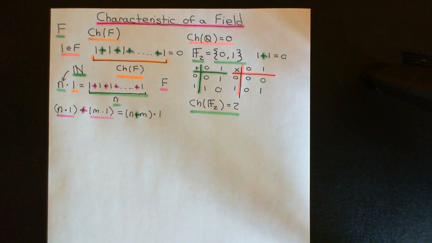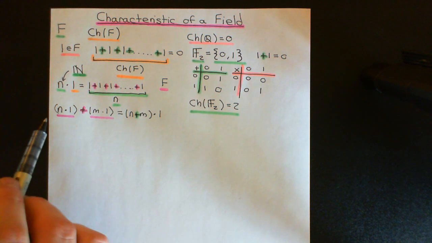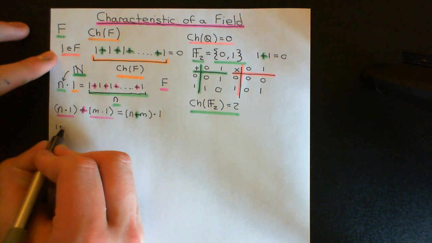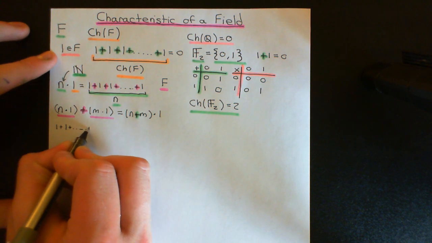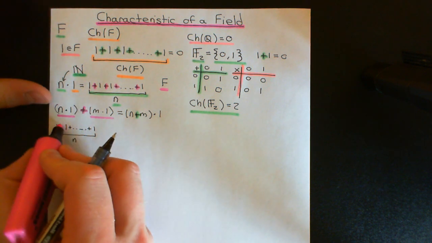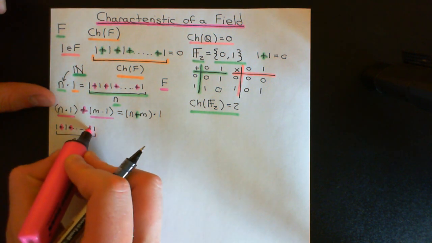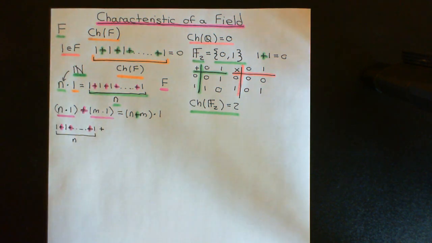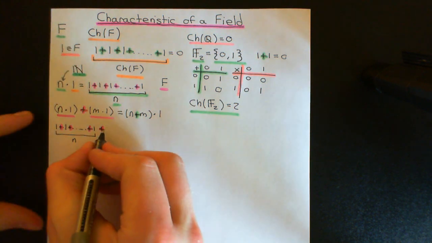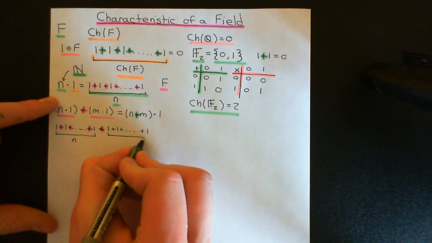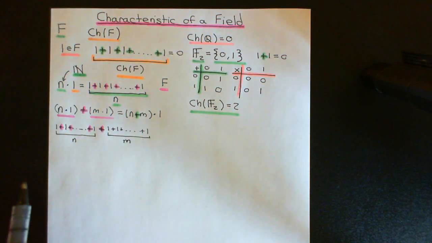Now I hope that should be fairly intuitive here, because this just means 1 plus 1 plus 1, n times, and I'll write this out, so it'll mean 1 plus 1 plus all the way up to another 1, and you'll have n lots of them here, and all of these additions, from this addition all the way up to this addition here, are additions in the field, and then you've got another big plus here, which is that one in the middle, and now you're adding on m dot 1, which is 1 plus 1 plus all the way up to another 1 here, and now you've added 1 to itself m times here.